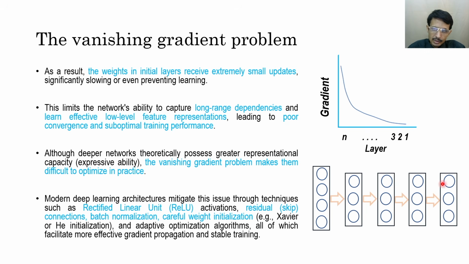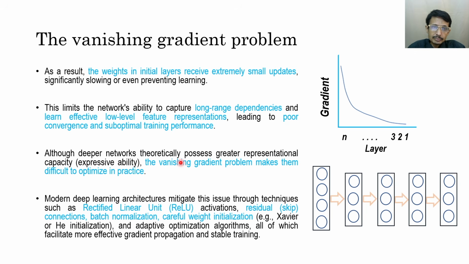So although deeper networks theoretically possess greater representational capacity or expressive ability, the vanishing gradient problem makes them difficult to optimize in practice. It is not converging at all.